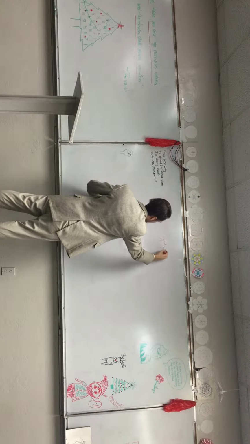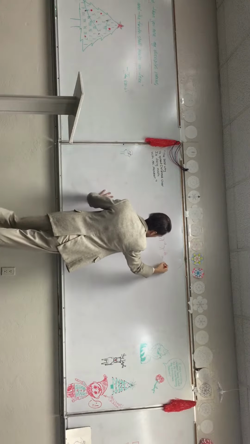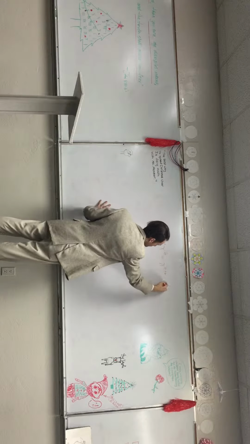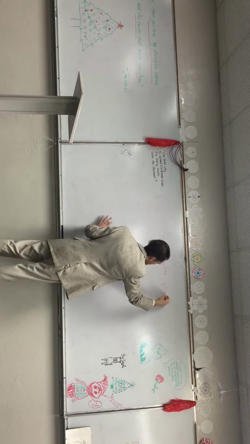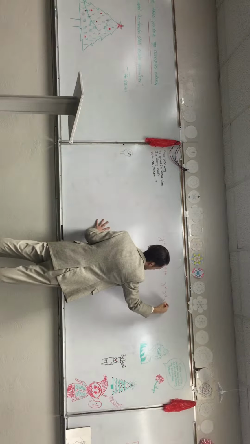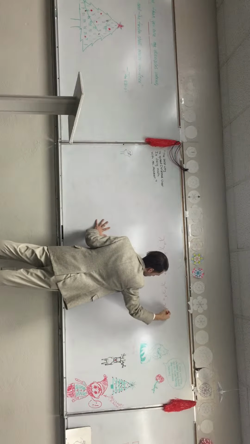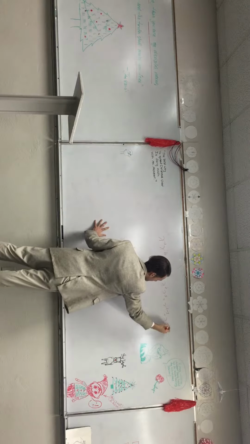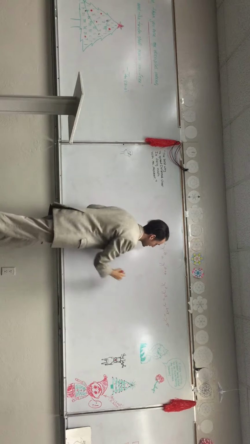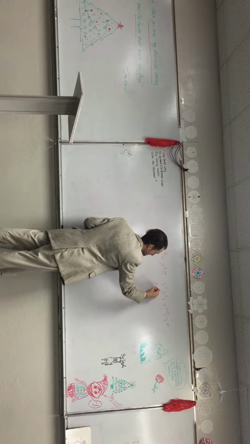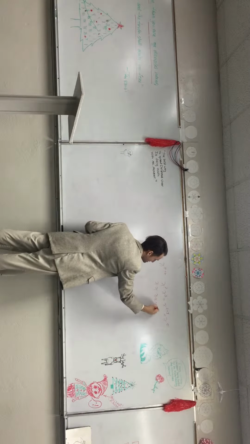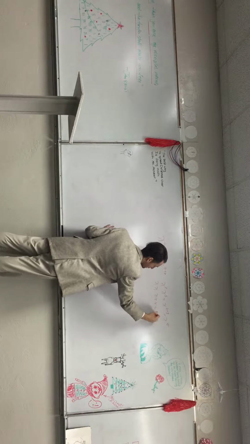Let's go back. X to the A times X to the B is equal to X to the A plus B, is that right? Yeah. So therefore X squared times X to the third equals X to the 2 plus 3, which equals X to the 5, right? Is that understood? The way I can think about this is X squared is just X times X, and X to the third is X times X times X, which is X 5 times, or X to the 5th.